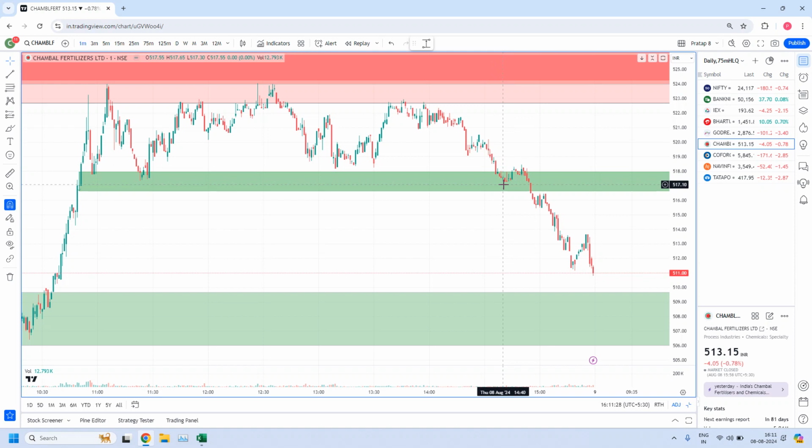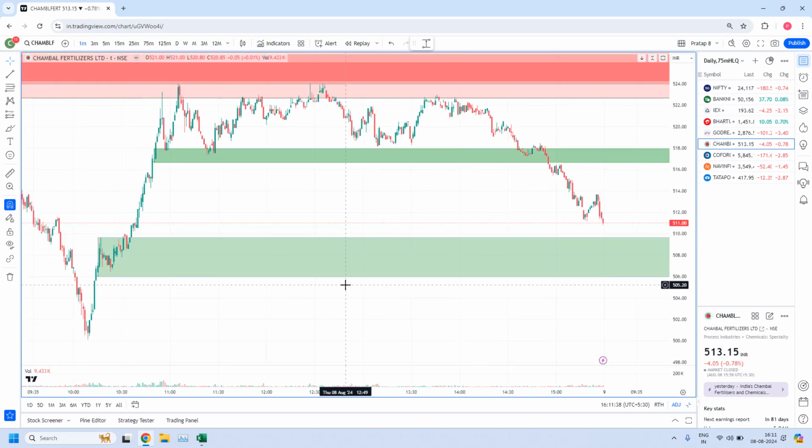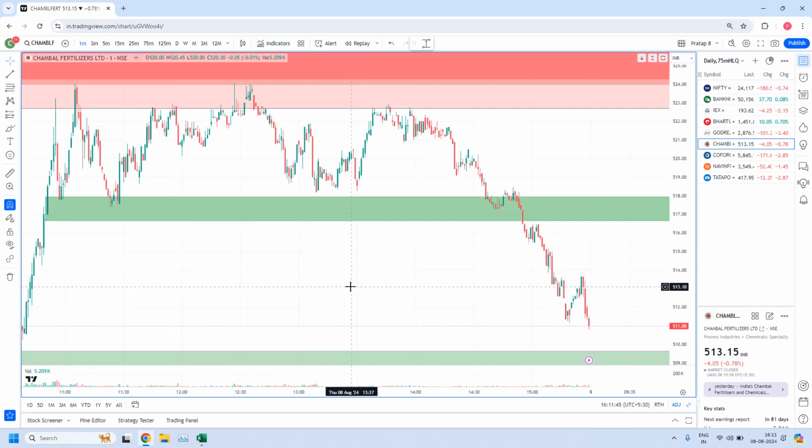In futures or options, you can carry the trade till the last minute of the closing session. You have that advantage with futures. But if you take a pure intraday trade on the cash segment, you can hold a maximum of 2:45, not beyond that. Some brokers may close by 2:30 itself.